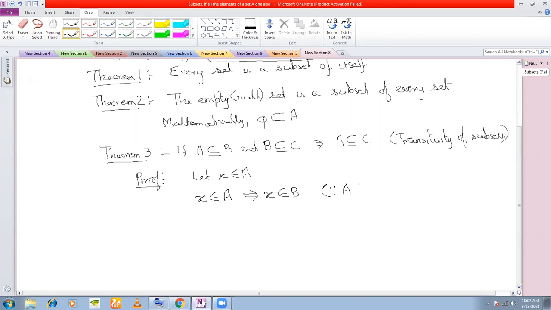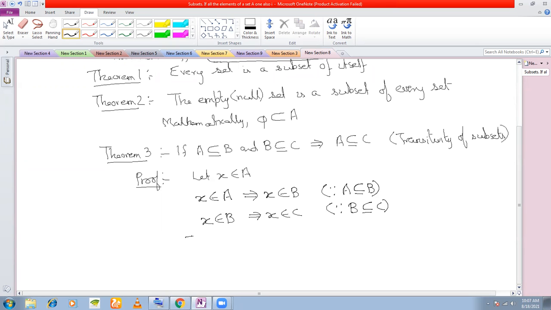Because A is a subset of B. Also, X belongs to B means X belongs to C. Why? Because B is a subset of C.